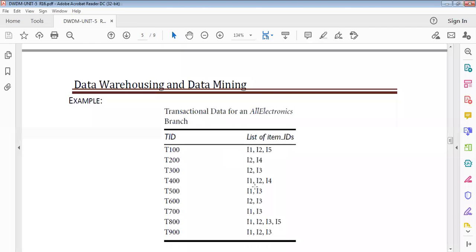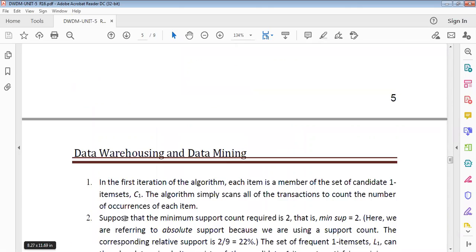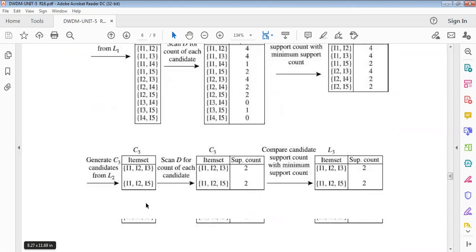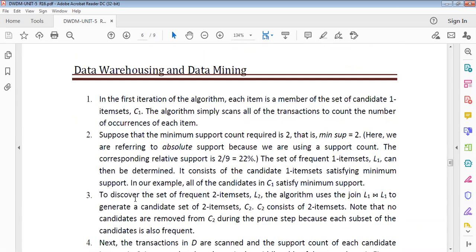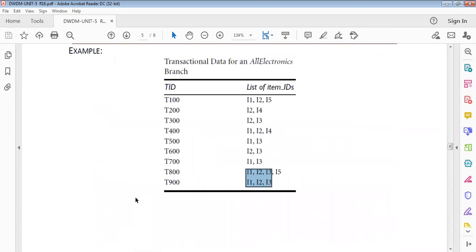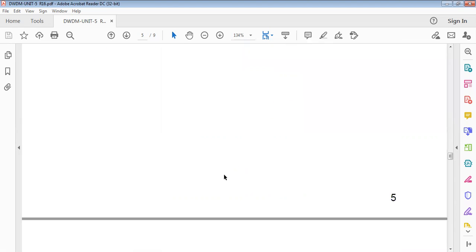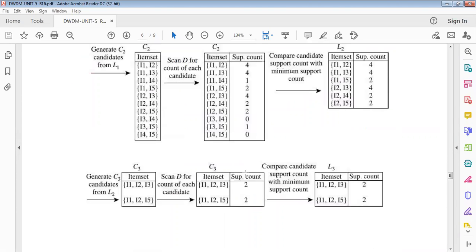So I1, I2, I3 is purchased 2 times. Similarly, we have to consider another one, that is I1, I2, I5. This is the one you have to consider here. So the support count is 2.